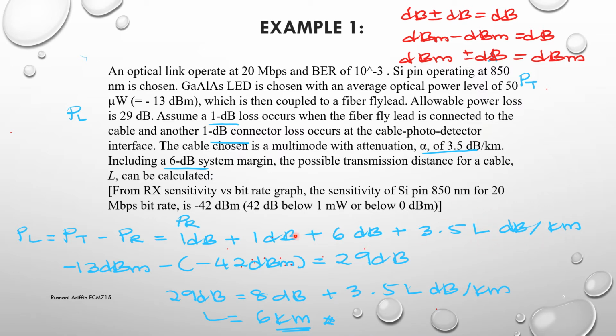So we equate this equation with 29 dB, because this is the total loss equal to the allowable loss. When you equate this, you can get the link length. The length is equal to 6 kilometer.